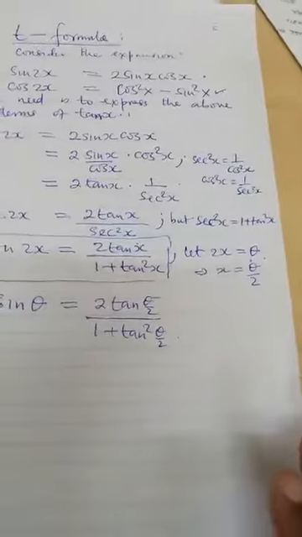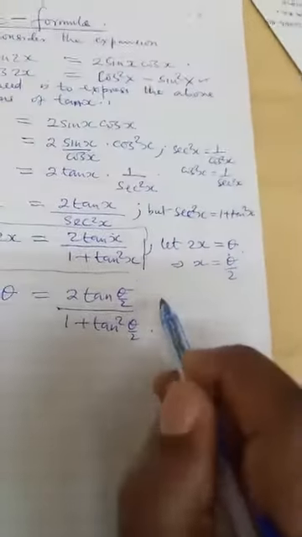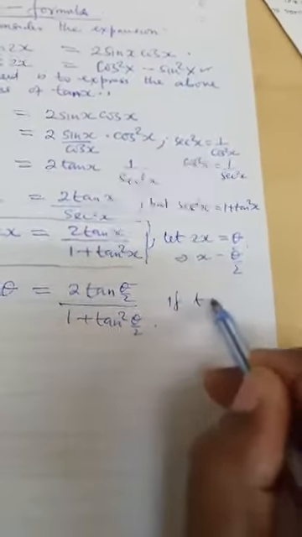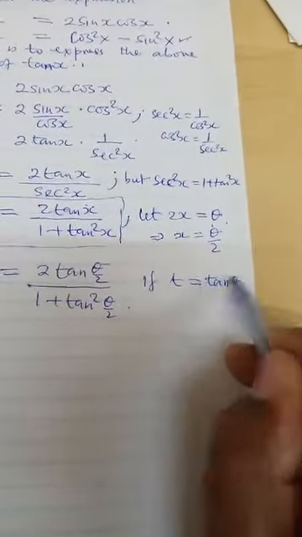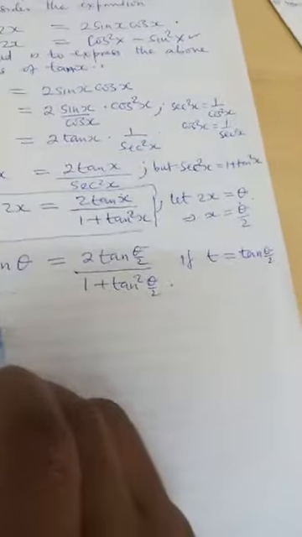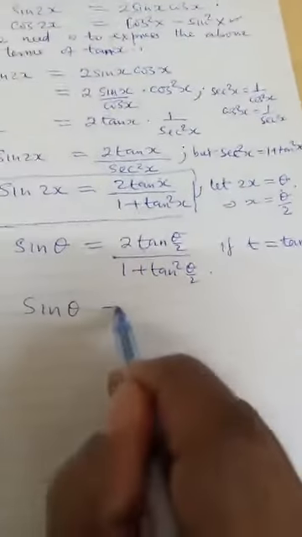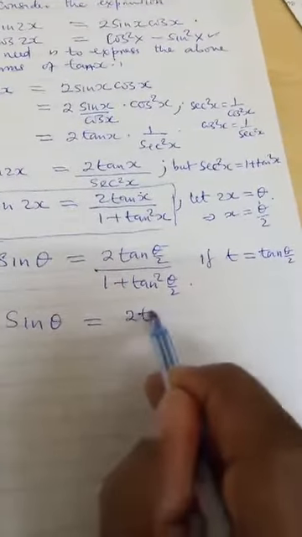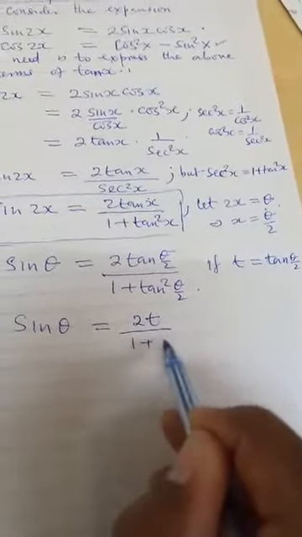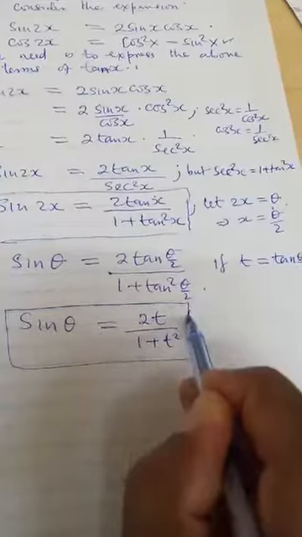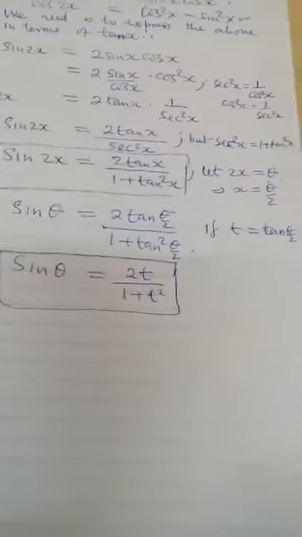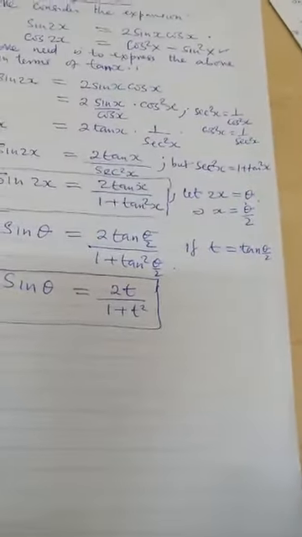And for the T formula, we say if t is equal to tan of theta over 2, then this will now give us an expression that we shall say is 2t over 1 plus t squared. Take note of that. Just as beautiful as that.